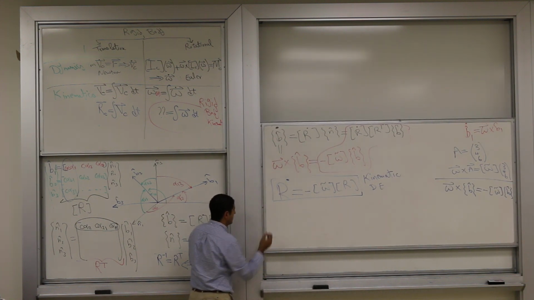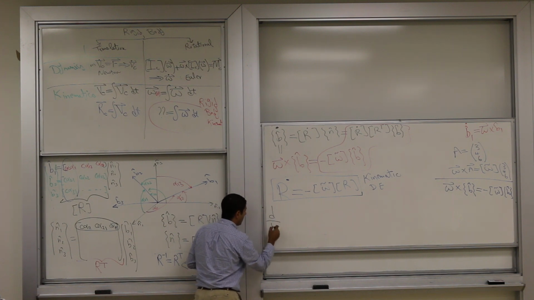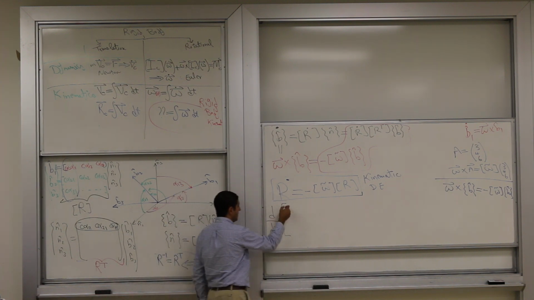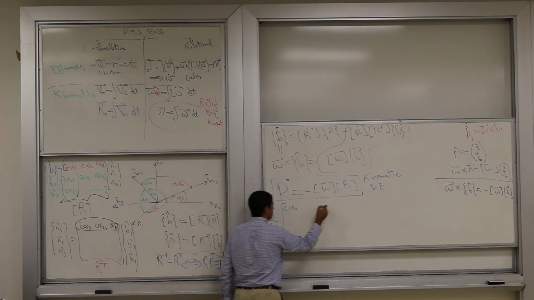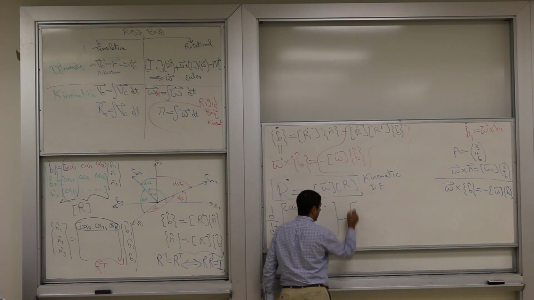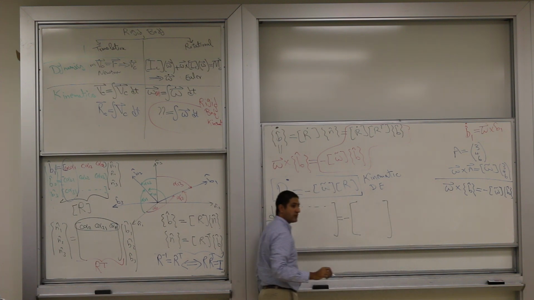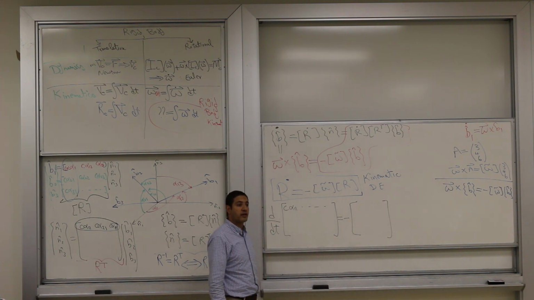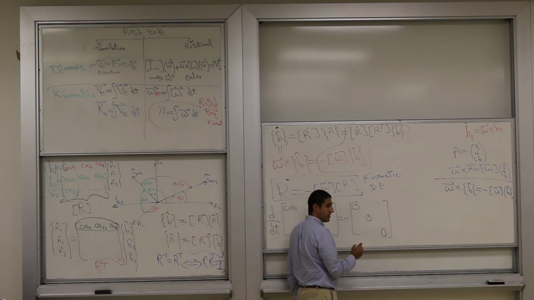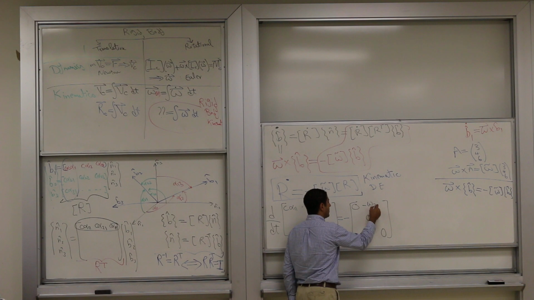So this is d by dt for R. R is the cosine of 9 angles, cosine alpha 1,1 and so on, equals negative omega tilde, the skew symmetric matrix associated with the 3 omega components: 0, negative omega 3, omega 2, negative omega 1, and so on.